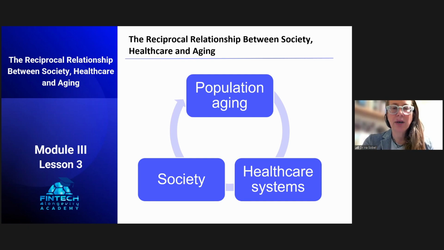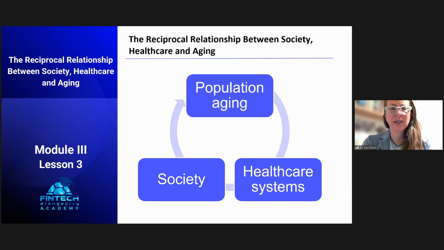Remember, we talked about the social determinants of health in lesson number 2 of this module, and we mentioned education, employment, and social support as good examples for the social determinants of health that ease or exacerbate these healthcare demands. So, population aging affects healthcare systems, but healthcare systems affect longevity and aging trends.